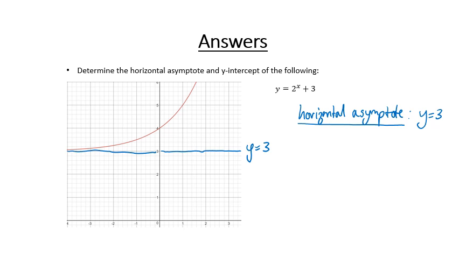The y-intercept is when x equals 0. Now you can see on the graph that it's going to be 4, but if we want to do that algebraically, we end up with y equaling 2 to the power of 0 plus 3, which equals 1 plus 3, which gives us an answer of 4.